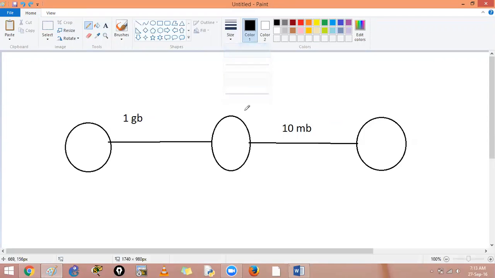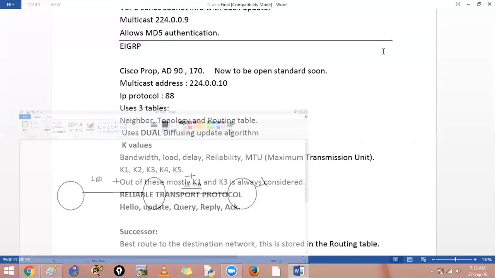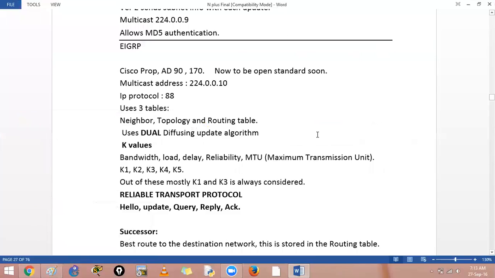Least bandwidth and the cumulative delay. Cumulative delay means the delay from me to this, and if there is a network behind this, the total delay will be calculated. So it considers the worst case scenario. It considers the least bandwidth on the link and also the cumulative overall delay.